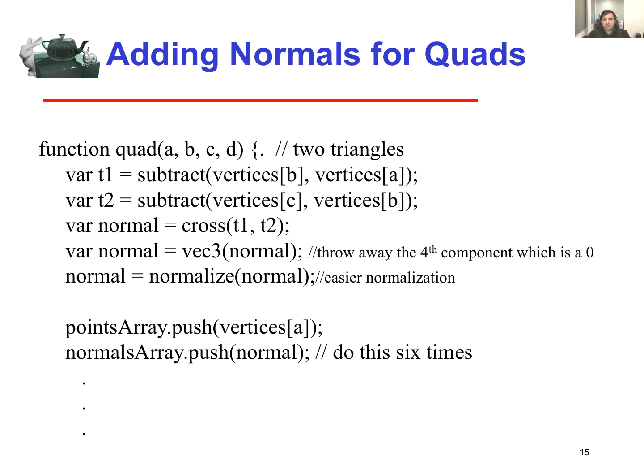What about normals? We will actually add the normals to the function quad. If you remember, the function quad organizes vertices into two triangles forming one face of the cube.